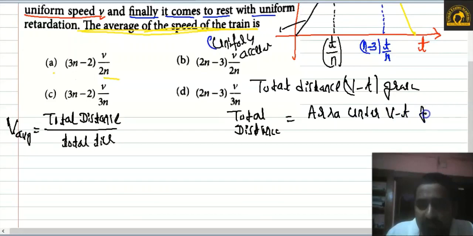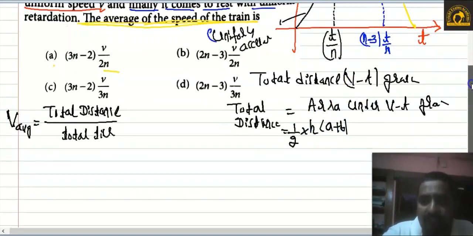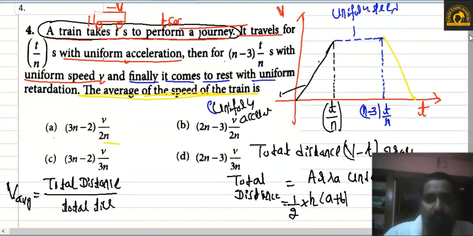This is a trapezoid, and the formula is half into height into (a plus b). Now let's see the height. The height is equal to the speed, that is v.